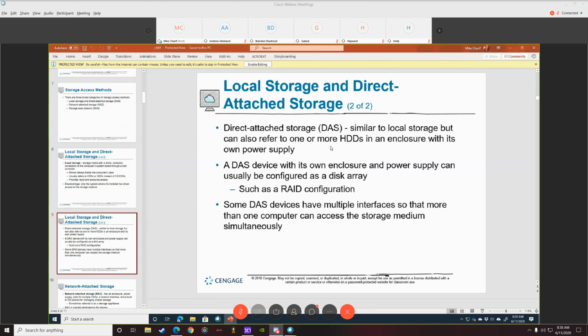Direct attached storage is similar to local storage, but can also refer to one or more HDDs in an enclosure with its own power supply. Yeah, you can use an external drive. Long time ago, we used to have a lot of them, and they had their own power supply. It's a heavy one.